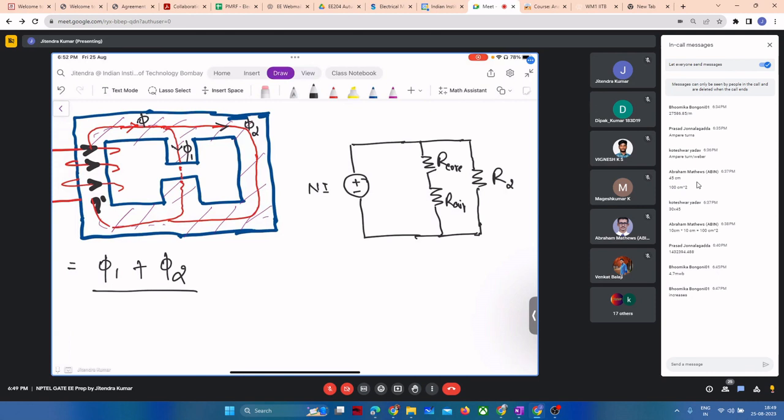Now, am I missing something? The reluctance of the left side, where this phi will be traversing. So this is your parallel connection, right?